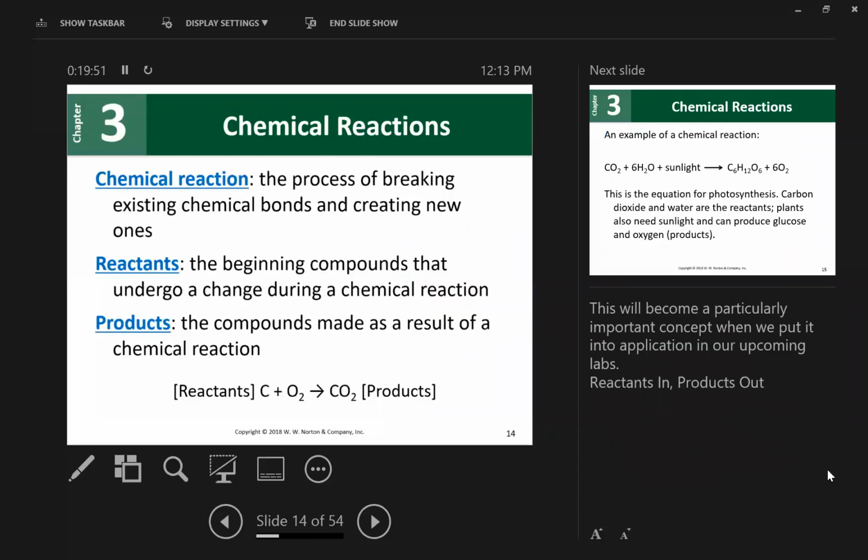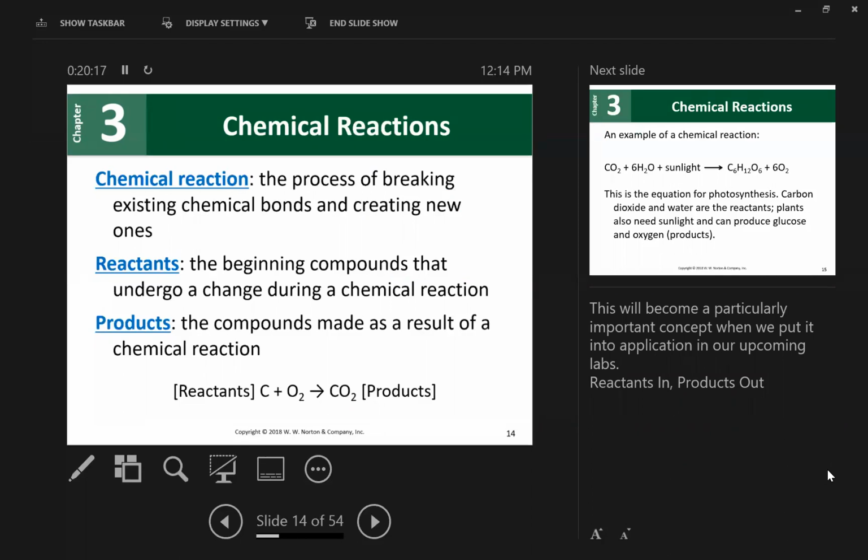A chemical reaction. Also extremely important that you know this for the remainder of the semester. It will become particularly important when we put it into application in some of our upcoming labs. So, a chemical reaction is the process of breaking existing chemical bonds and creating new ones.